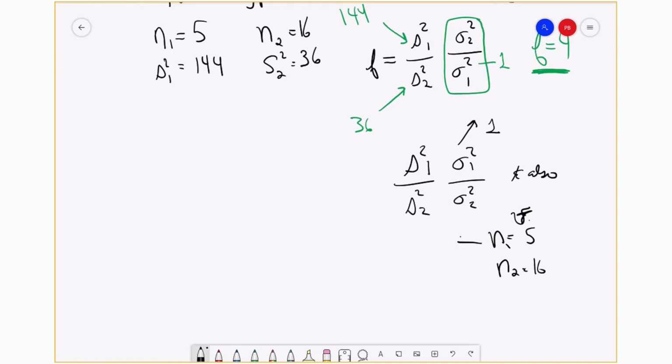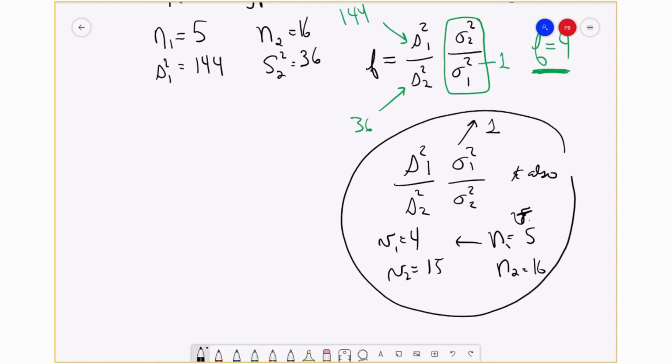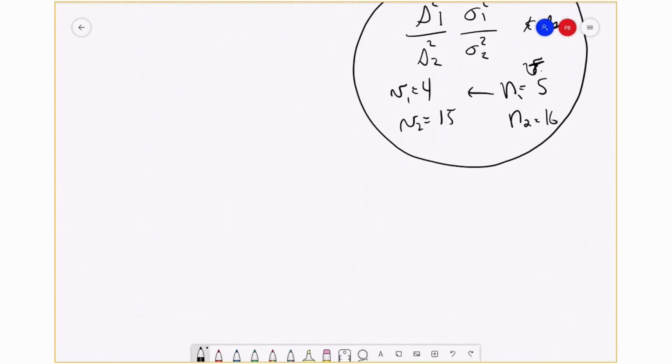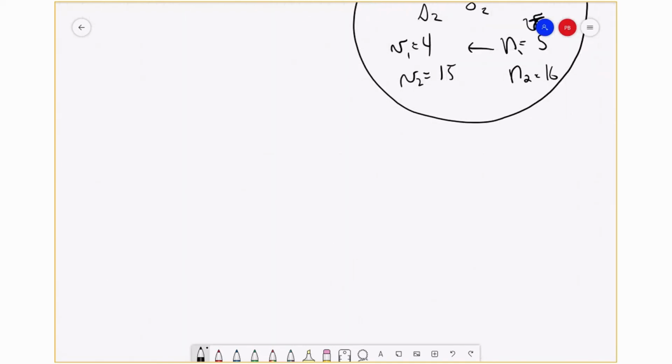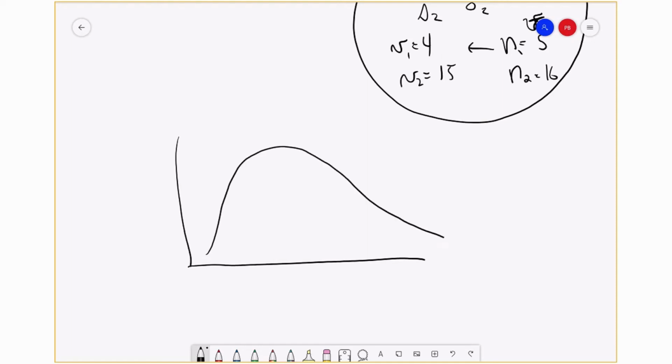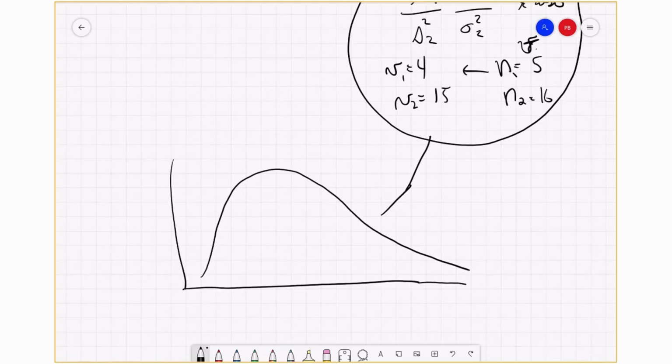In other words, U1, number of degrees of freedom was 4, U2, number of degrees of freedom was 15. If we consider all possible values of this, that would be our sampling distribution. So here we've got our sampling distribution that looks something like that. So here's a sampling distribution, all possible values of this.